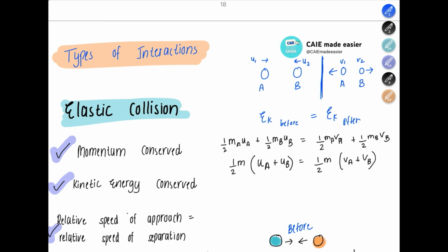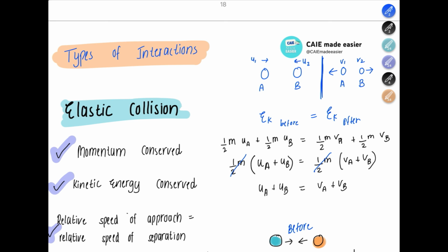Why was I able to take m outside even though this is m_a and m_b? Because they are the same, that's why I took m outside and wrote this generally. You can actually remove this to make it even clearer that this is just m. I hope that's clear. Now we can cancel out m, so we can say u_a plus u_b equals v_a plus v_b.